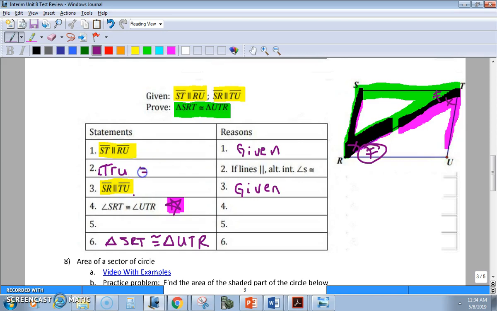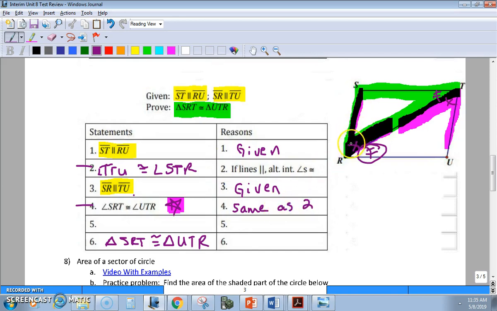Angle TRU is congruent to angle STR. Okay, but we could have figured out 2 and 4 using just one of the parallel sides. We technically didn't need to put both of those parallel sides in there. But this number 4 is just the same as number 2. So I don't want to write that down, so I'll just do same as 2.